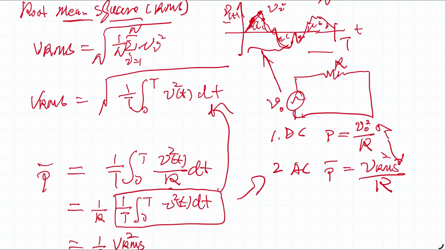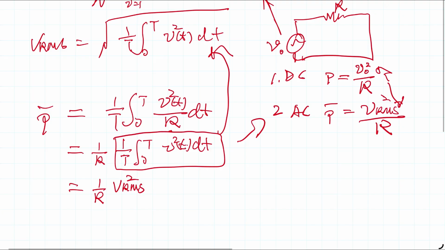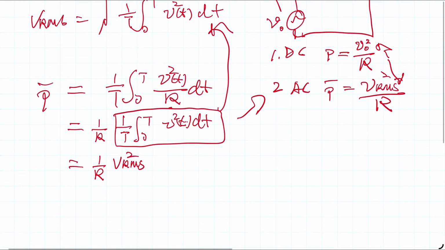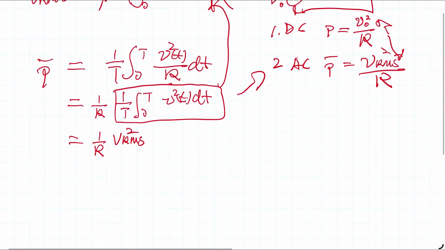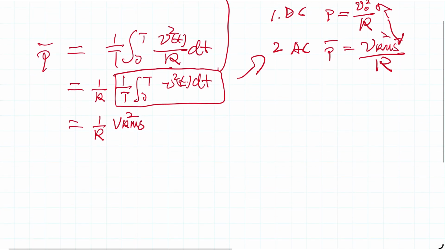Okay, now let's have some fun. Just try to calculate the RMS value for a sinusoid, a sine wave, because that's relatively easy to do. If we have a sine wave, it will be something like this.